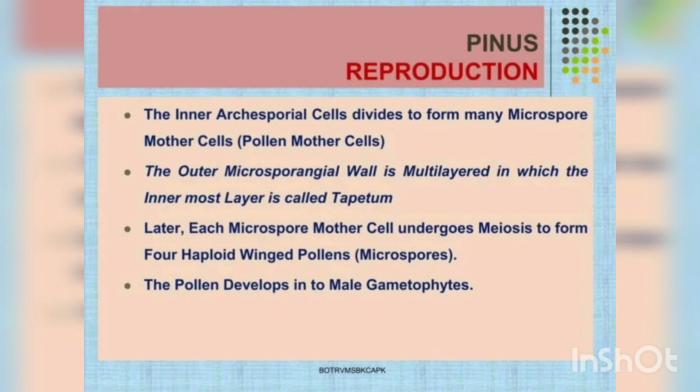Okay, each microspore mother cell undergoes meiosis and produces four haploid winged pollen grains. So the pollen grain here is winged, it has wings, and these winged pollen grains are called microspores. These pollen grains develop into the male gametophyte.